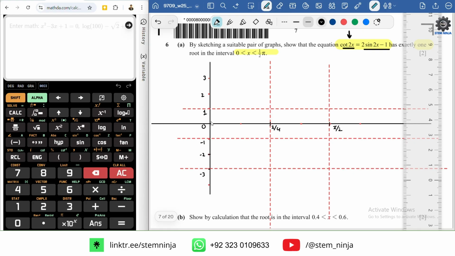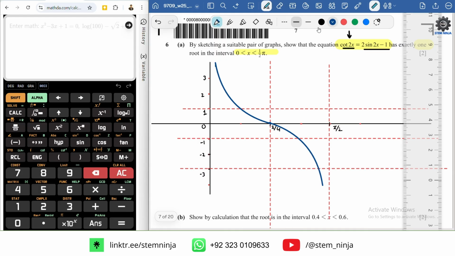Alright, so first let's sketch the cot graph. The cot graph is actually coming from this side, passing through this, and it will continue going, somewhat like this.